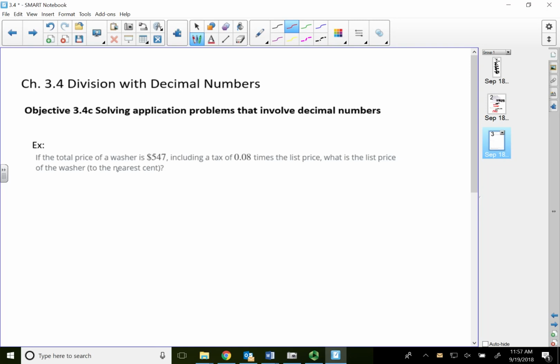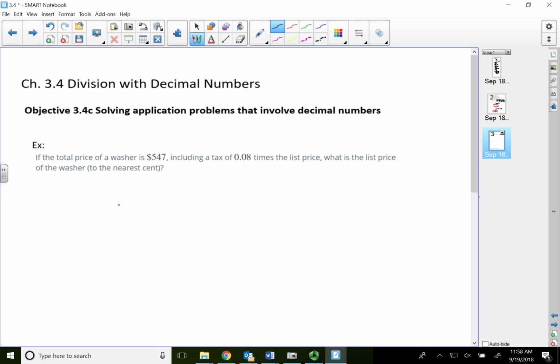All right. So now let's take a look at a few application problems. So this problem is a little bit different than the refrigerator ones I did under multiplication. This is saying the total price of the washer is $547, including a tax of 0.08 times the list price. What is the list price? So remember the $704 was the list price. All right.